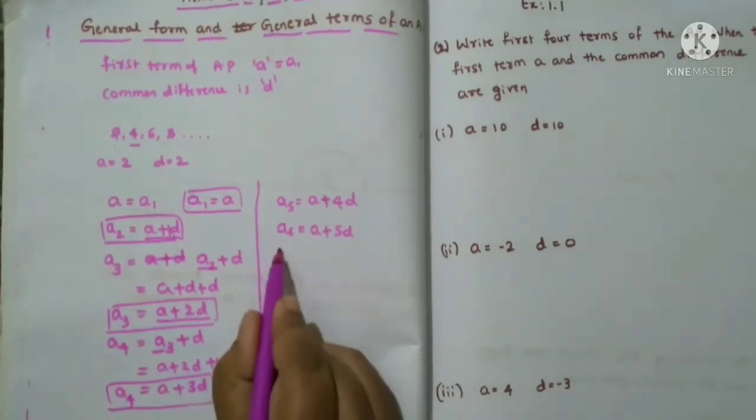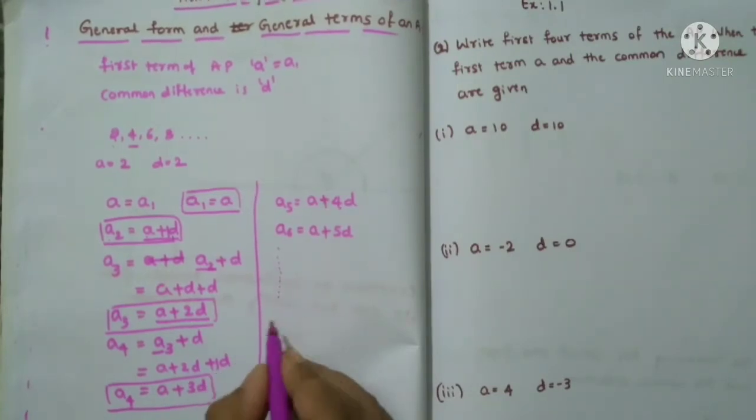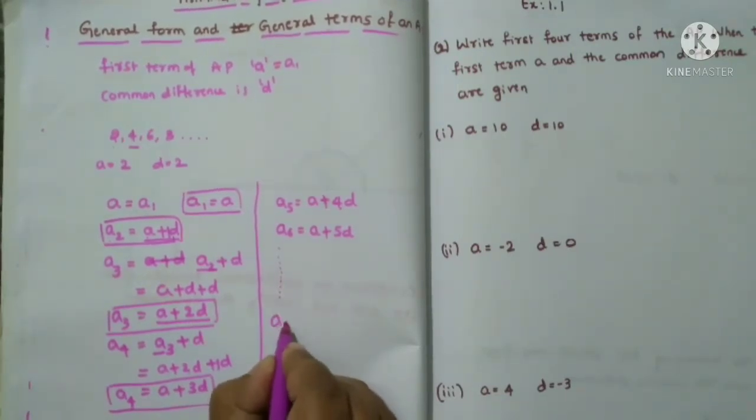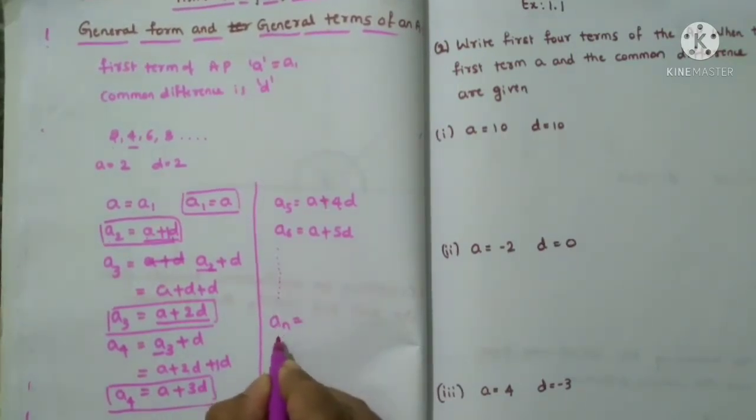So like that, if you go on writing, finally an is equal to... n means any number you can take. We are writing the general term now. n may be 1, 2, 3, n may be 100, 1000, 1 crore, 1 lakh, anything it can take, but n means a finite number of terms will be there.